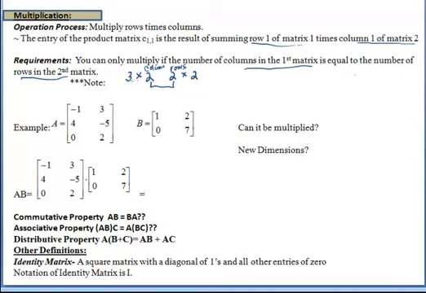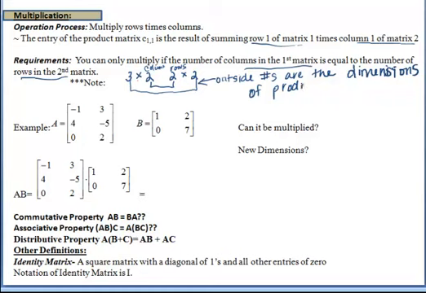The one other thing that results from this kind of lineup to check that they matched up so I can multiply is that the outside numbers end up being the dimensions, or the order, of the product matrix. So can it be multiplied?